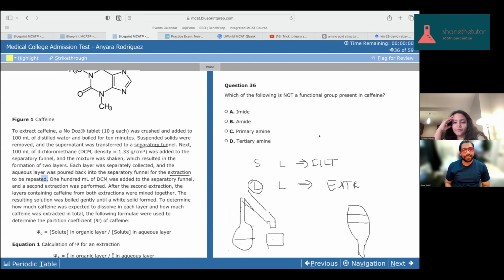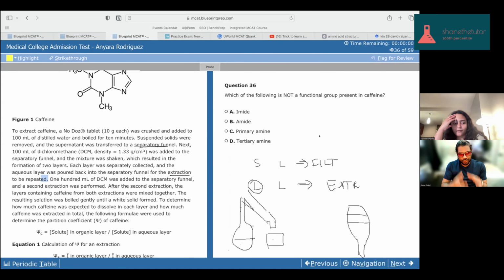Yeah. So for instance, when you were reading this, this is how I processed it. Someone's taking one no-dose tablet, crushing it, taking 100 milliliters of distilled water, throwing the crushed tablet into that, and boiling it for 10 minutes. It seems like some solids formed, but they removed them; we don't care how.